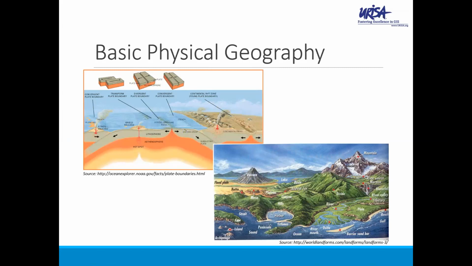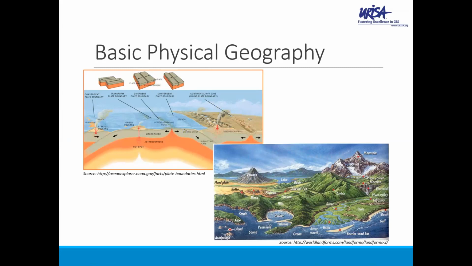Another aspect of physical geography that would be good to revisit would be your plate boundaries. Have an understanding of divergent versus convergent versus transform, also known as strike slip, and your continents, landforms, the topography, and also a good understanding of the differences of scale.